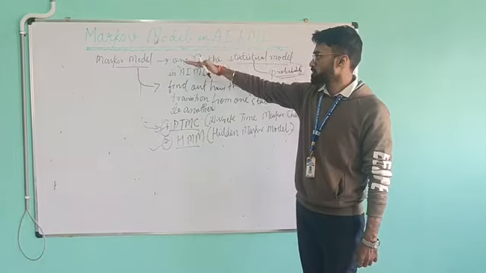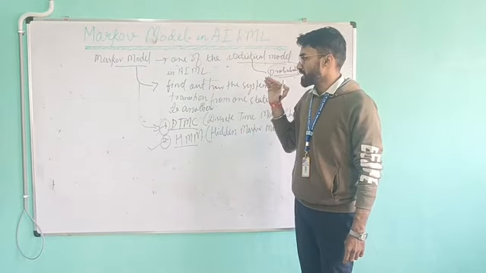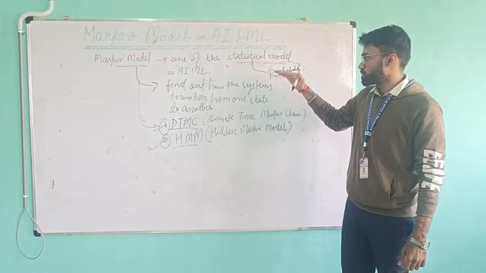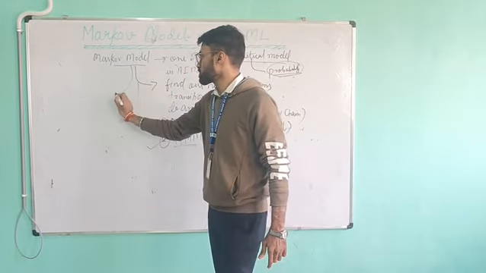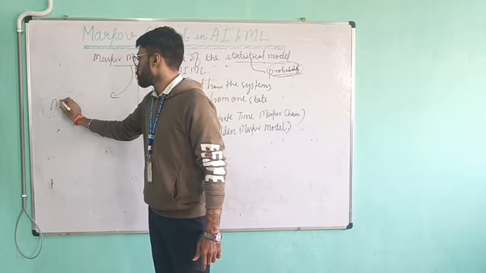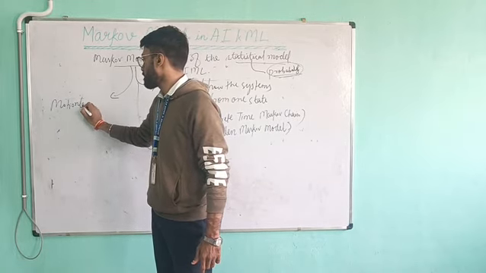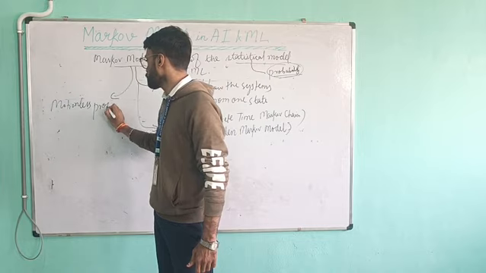The main purpose of the Markov model is to check how the system transitions from one state to another, and it basically follows the memoryless property.